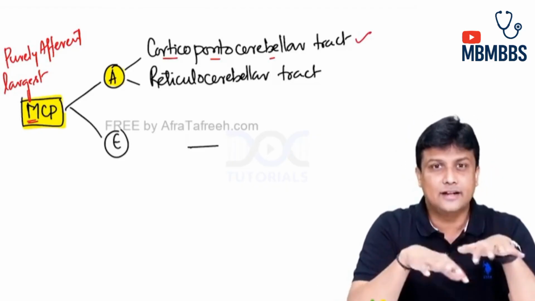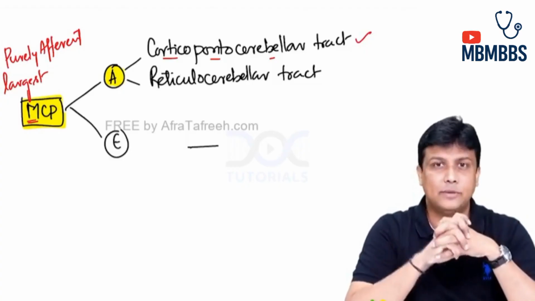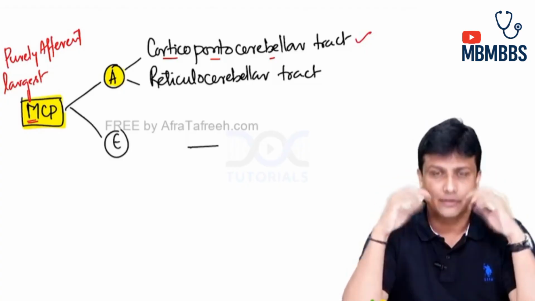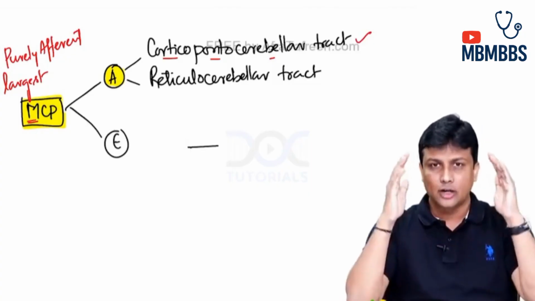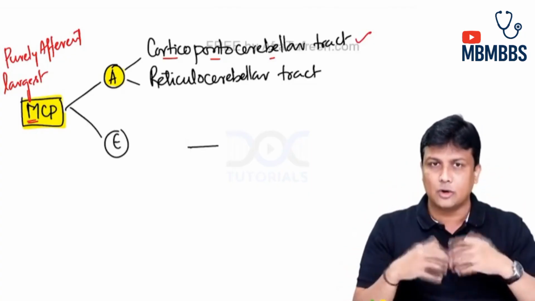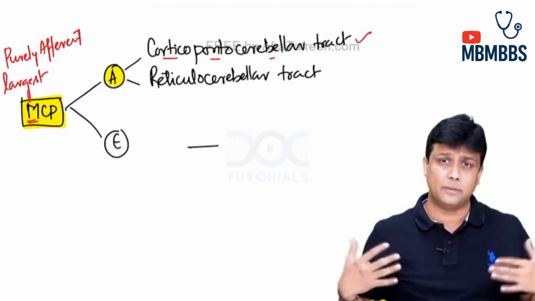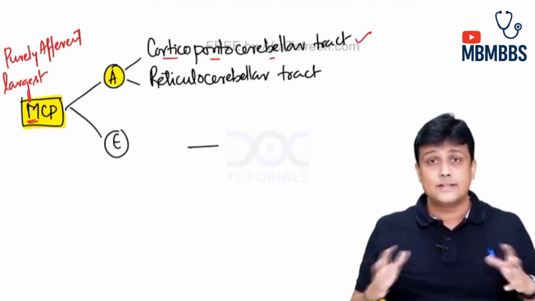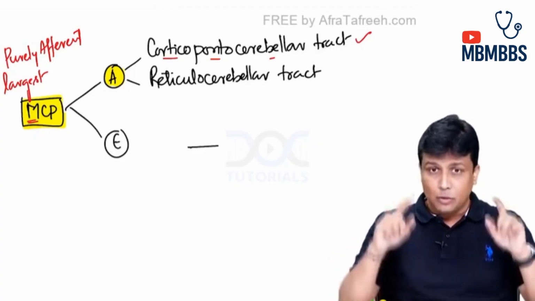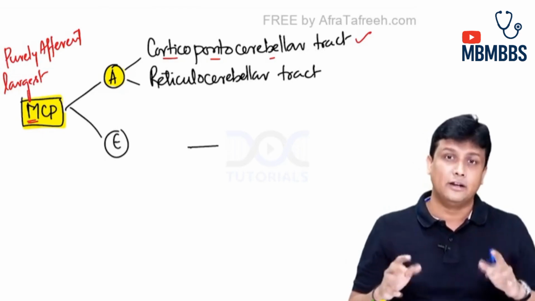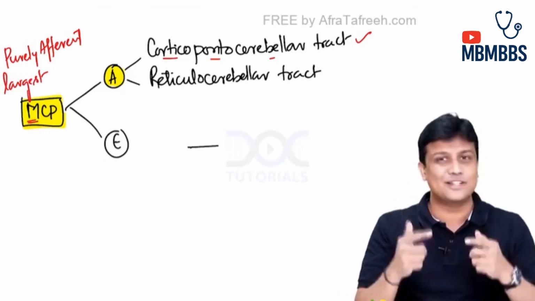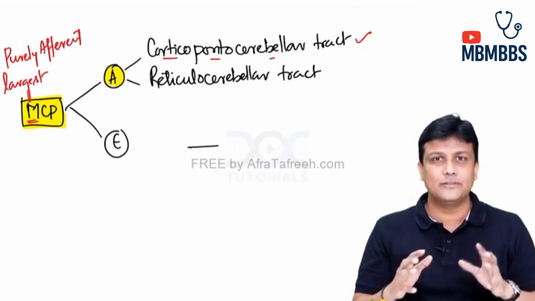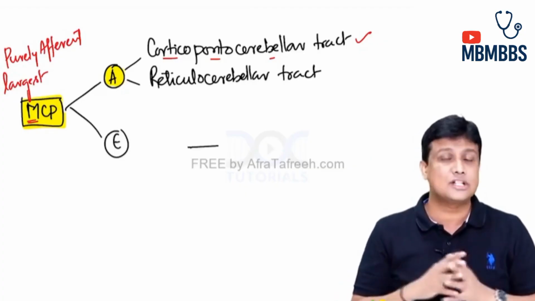See, in the descending tracts, we have learned about the pyramidal tract, which is the corticospinal tract. From the cortex, it goes down to the spinal cord, and from there the fibers go to your limbs, upper limb, lower limb and the trunk, and they are concerned with voluntary movements. But whenever the movements are being done, a copy of that movement has to be given to the cerebellum also, because the cerebellum is concerned with maintaining equilibrium, positioning and all.